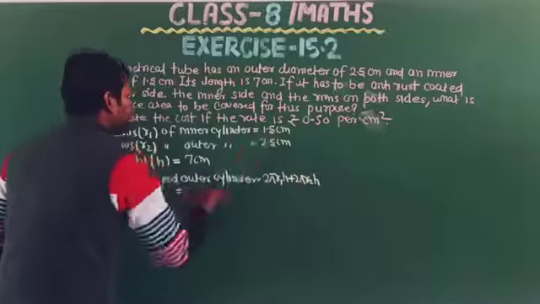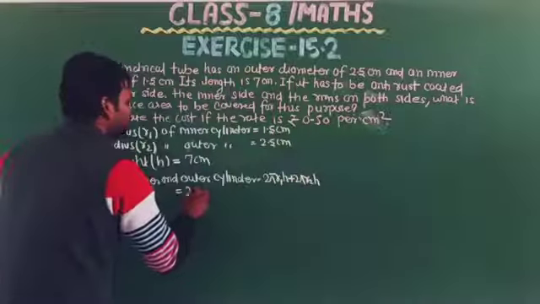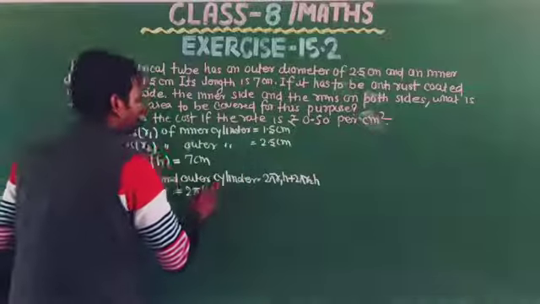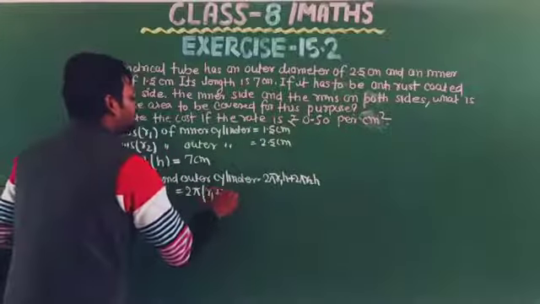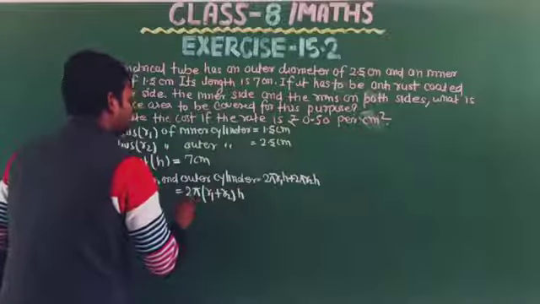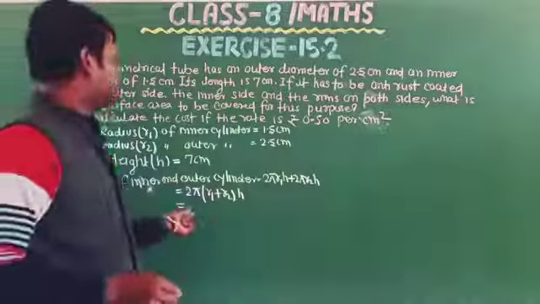Taking 2 pi h as common, this is 2 pi into r1 plus r2 into h.